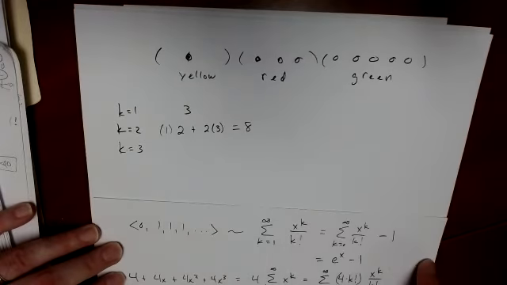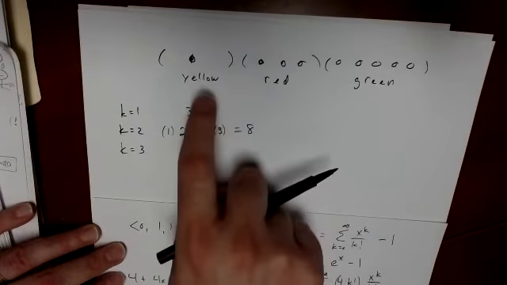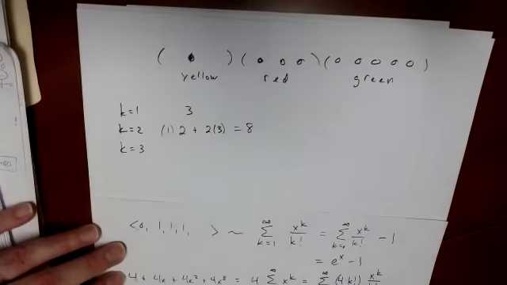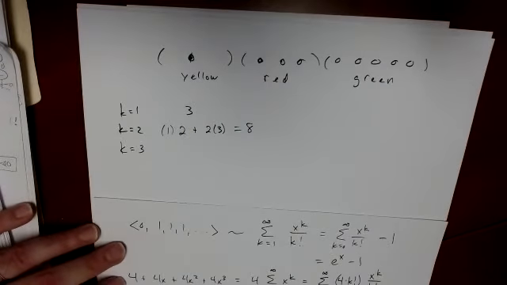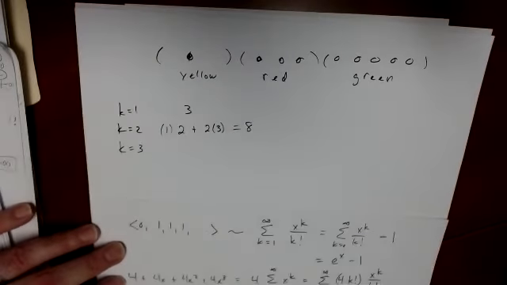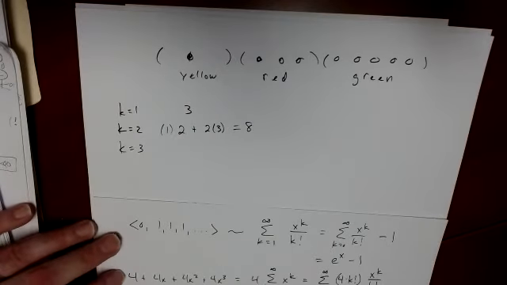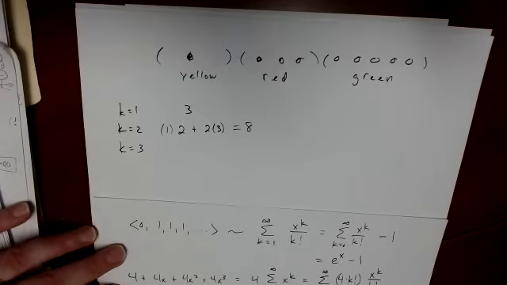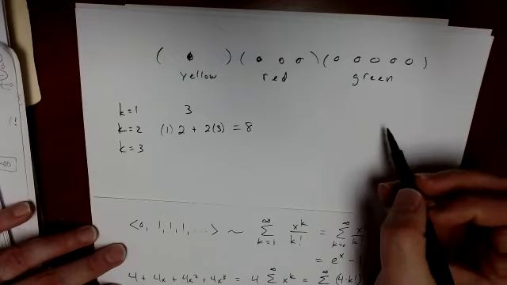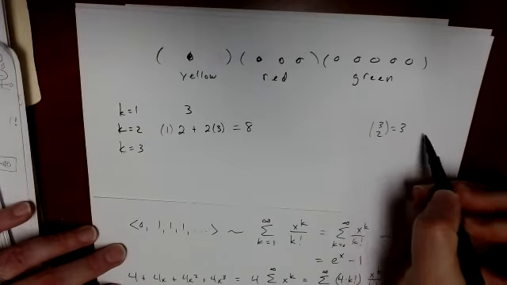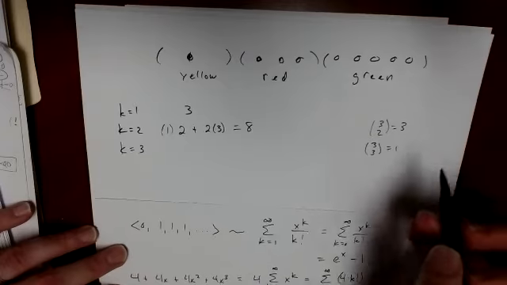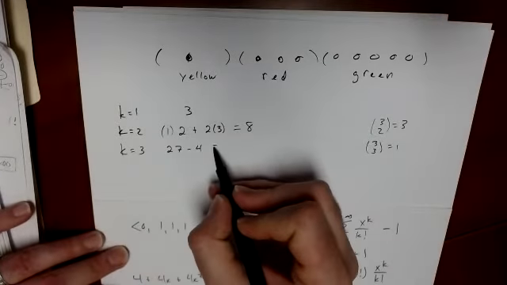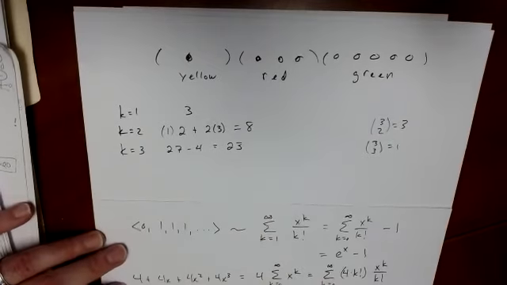As a matter of fact, it's probably the easiest way to think about it is if I had an unlimited supply of balls, then I could pick 27 different combinations, 3 to the third, but I lose all of the ones that have 2 or 3 yellows in them, which is 3 choose 2 and 3 choose 3. 3 choose 2 is 3, and 3 choose 3 is, of course, 1. So I get 27 minus 4, which is 23 ways.